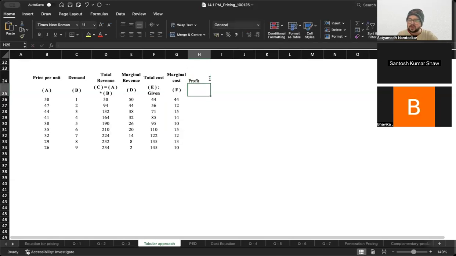Profit has got nothing to do with marginal cost. Let this be column G. How is profit calculated? C, that is total revenue, minus E, that is total cost. This is how you will calculate the profit.